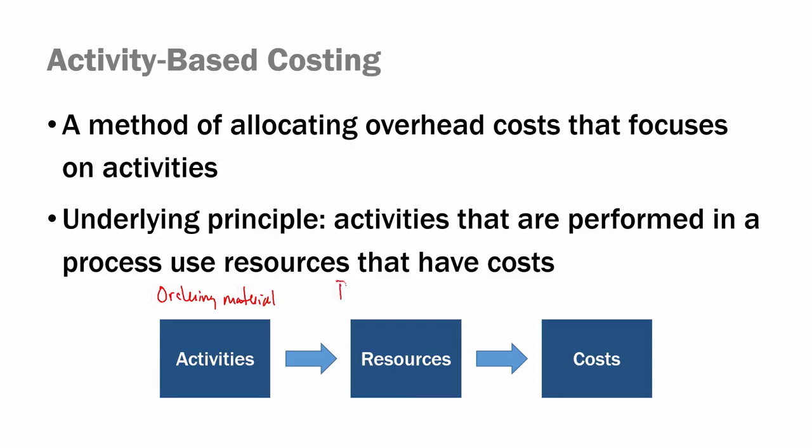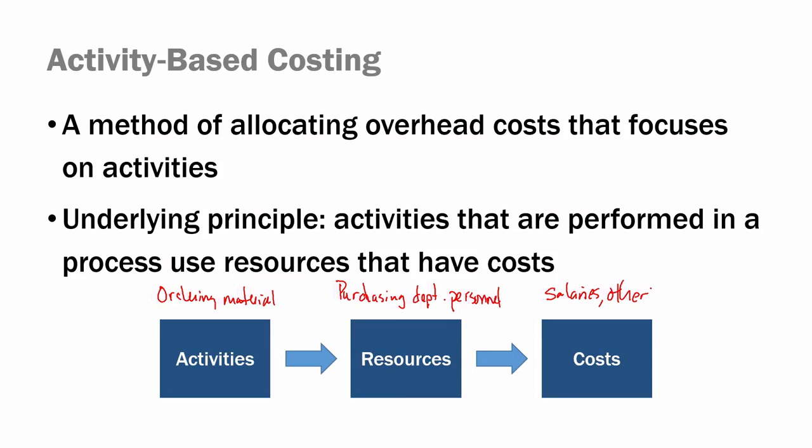In this example, purchasing department personnel. And those resources have costs. Purchasing department salaries and other costs in that department. And the products that cause those activities, ordering the material, should be allocated the cost of using those resources.